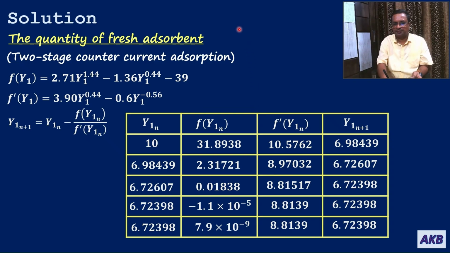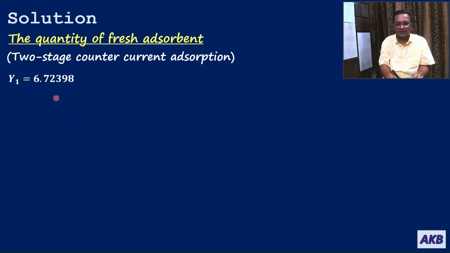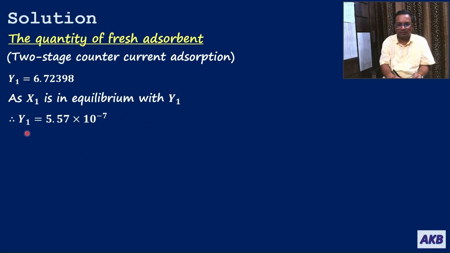Let us move ahead. So y1, we got 6.72398. Now you must have understood how we got that. As x1 is in equilibrium with y1, I have talked about it, capital Y1 will be 5.57 into 10 to the power minus 7 into x1 raised to 2.25. That is 6.72398. We have got that value. Now we are getting x1.